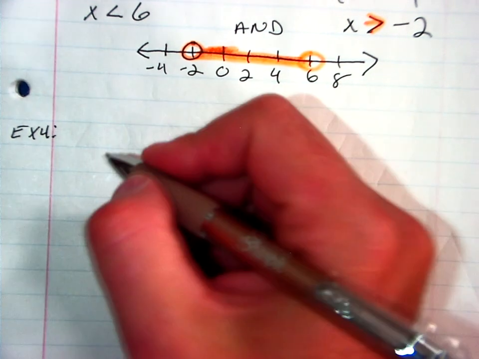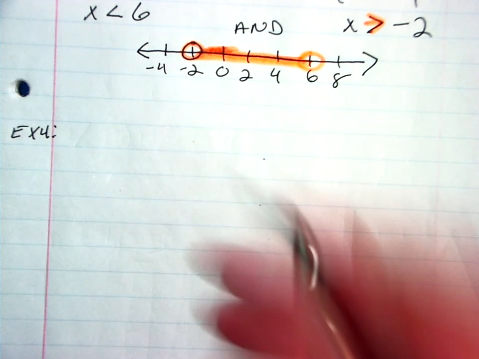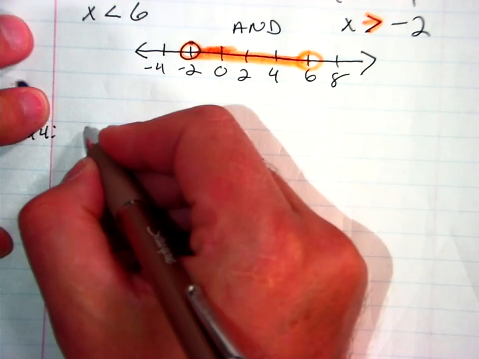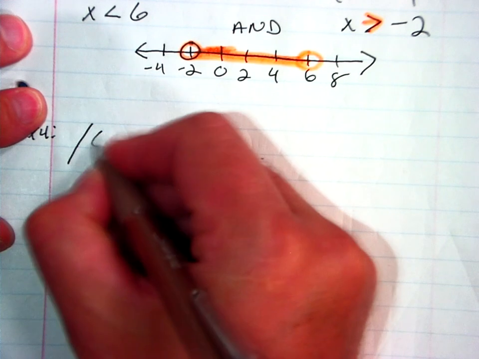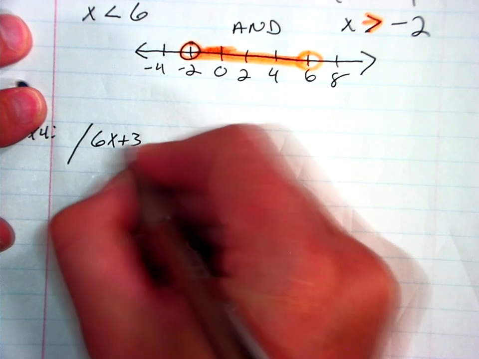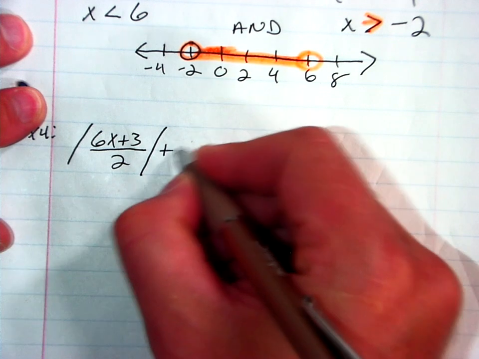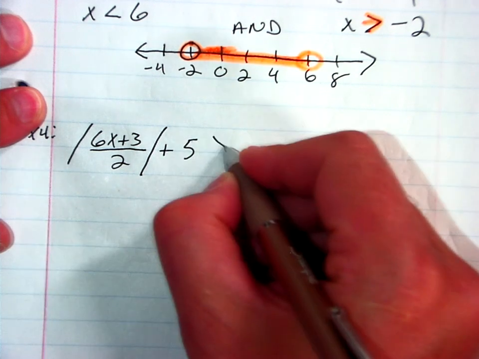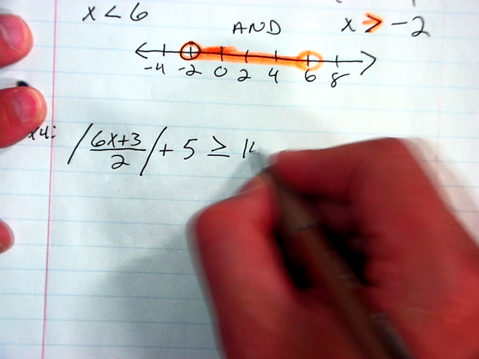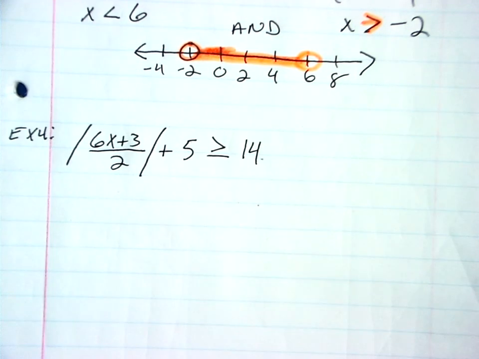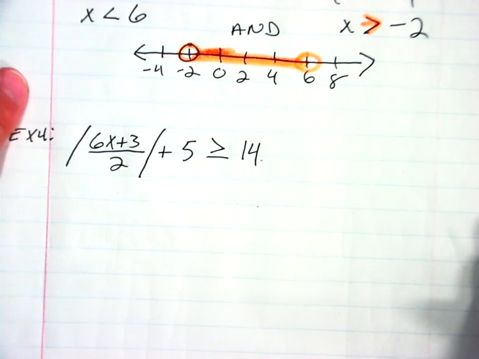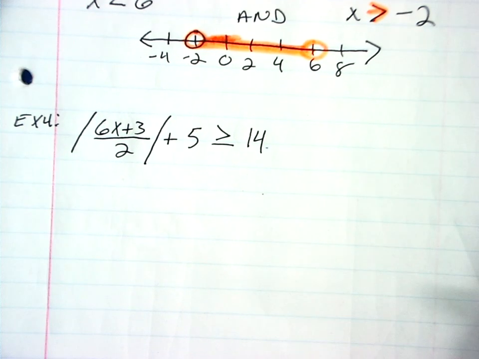All right, last problem for today. The absolute value of 6x plus 3 divided by 2, plus 5 is greater than or equal to 14. Step 1 is isolate the absolute value.